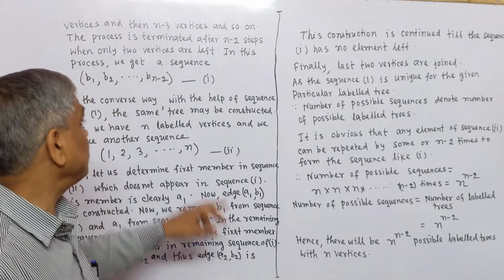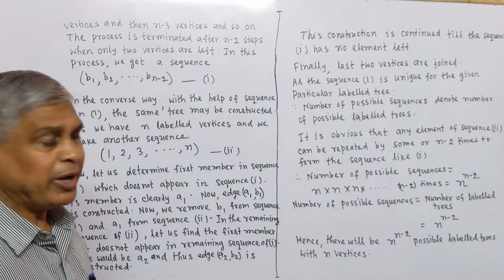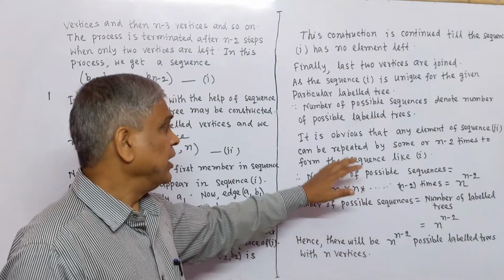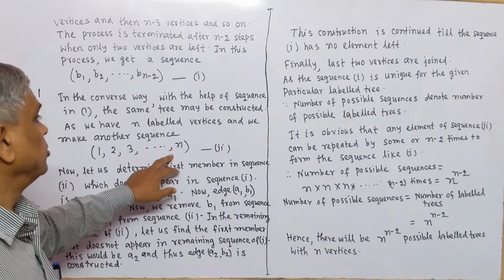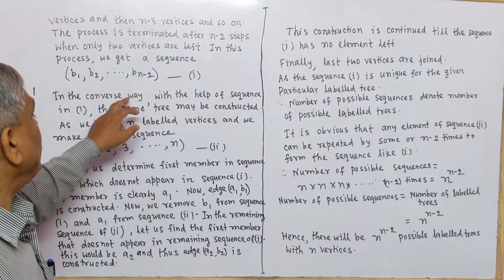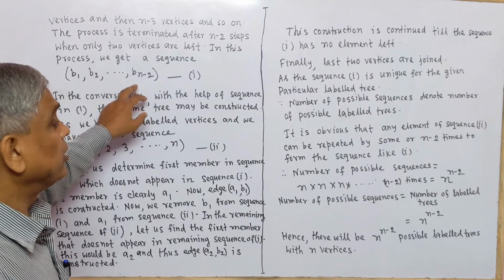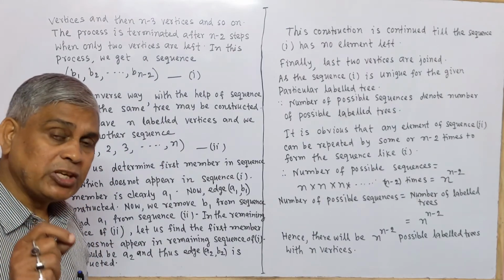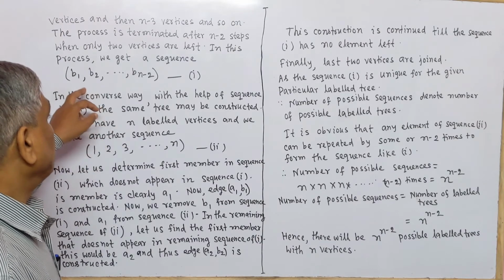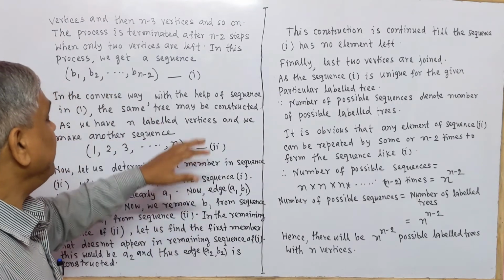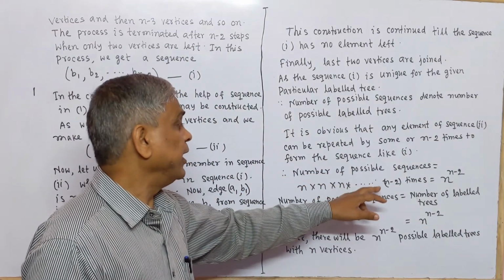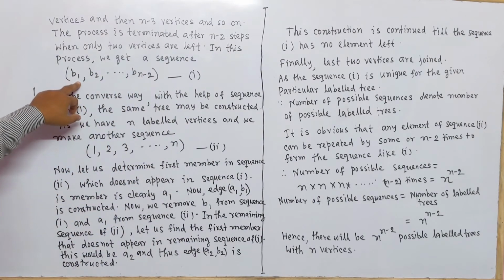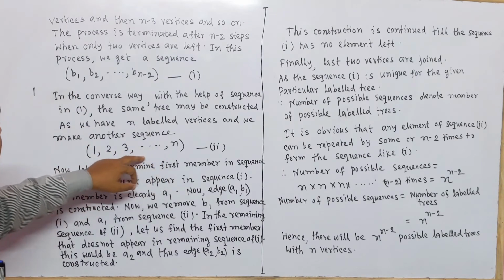Since the number of possible sequences denotes the number of possible labeled trees, it is obvious that any element of sequence 2 can be repeated up to n minus 2 times to form a sequence like sequence 1. The number of possible sequences will be equal to n multiplied by n multiplied by n, and so on, n minus 2 times, because the first place of sequence 1 can be filled by one of n numbers.